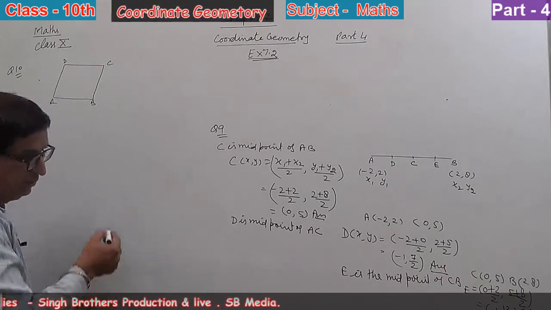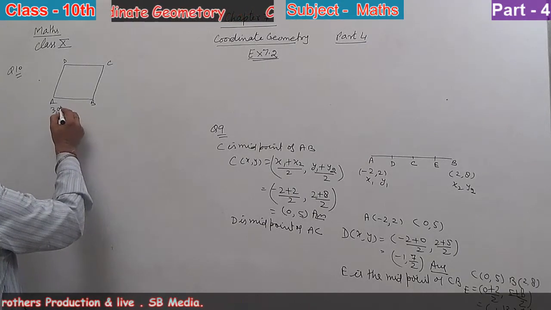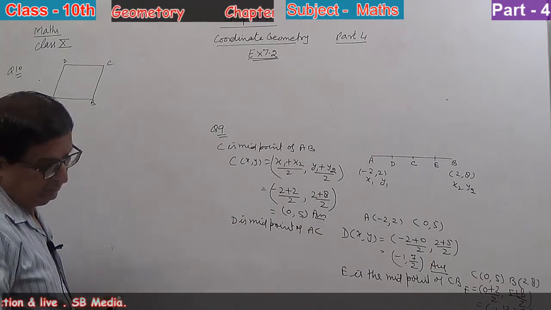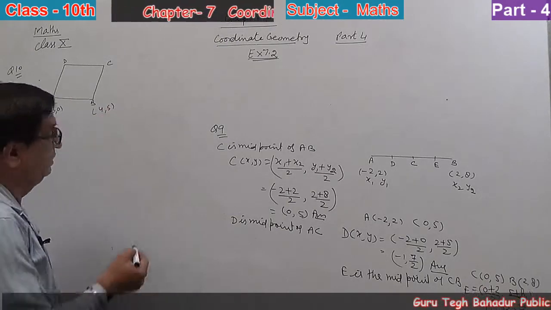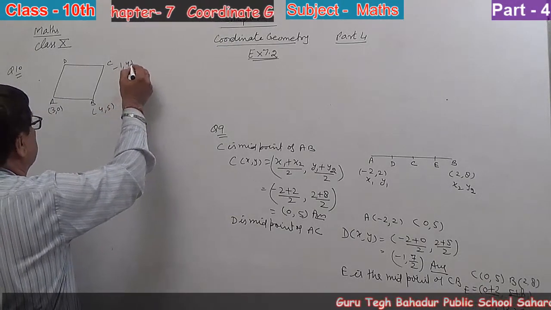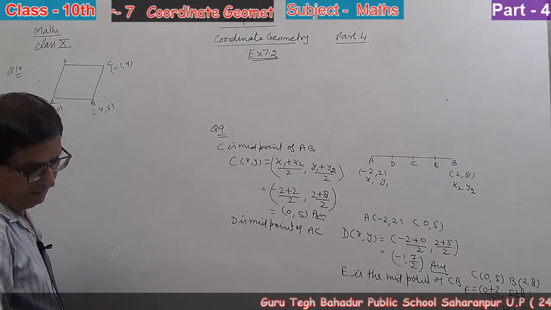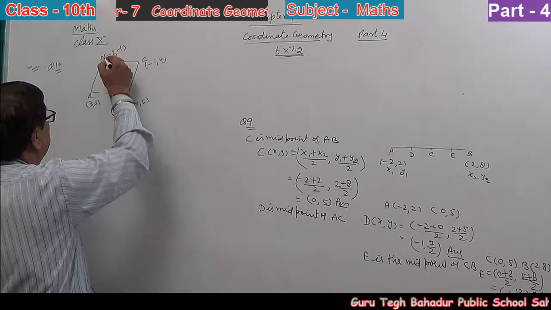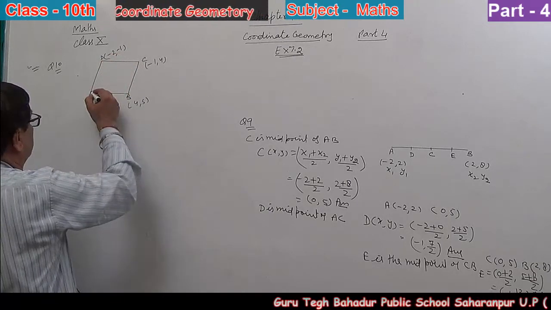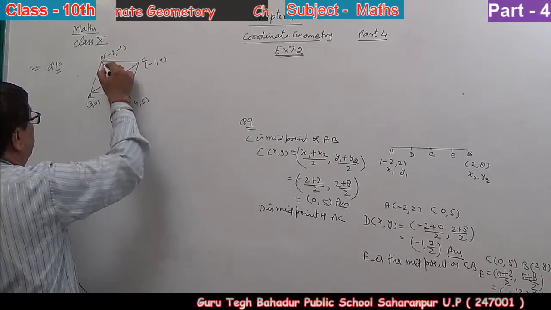A is (3, 0), B is (4, 5), C is (minus 1, 4) and D is (minus 2, minus 1). Find out the AC and BD.